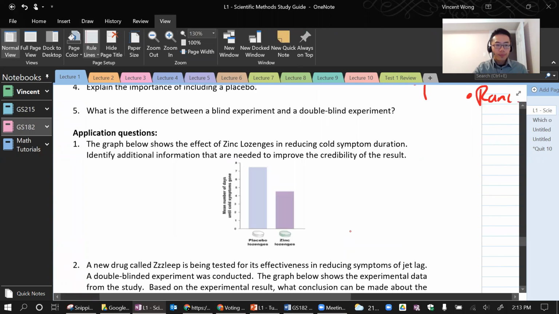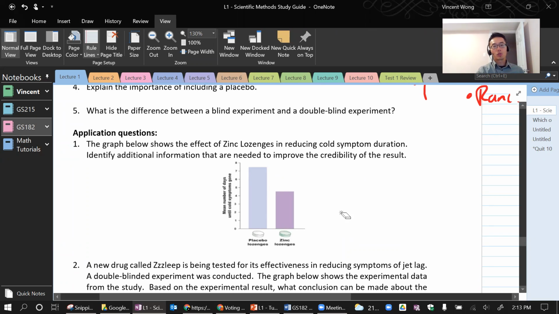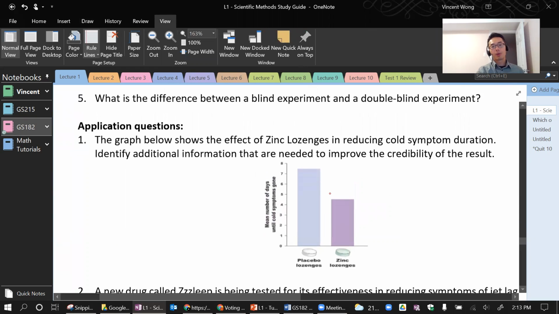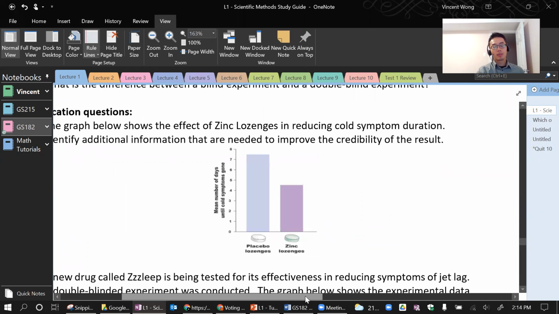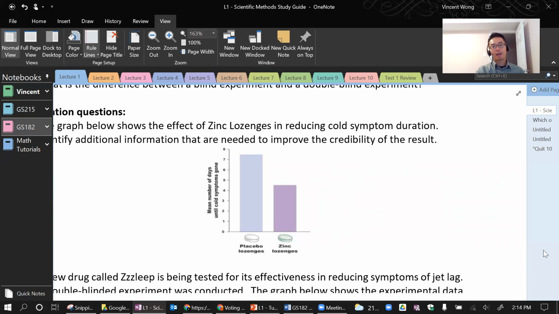application questions here. The graph below shows the effect of zinc lozenges in reducing cold symptom duration. Identify additional information that is needed to improve the credibility of the results. Suppose a salesman comes knocking on the door and shows you this graph. We've got these amazing lozenges, and they're going to help reduce cold symptoms next time you catch a cold.